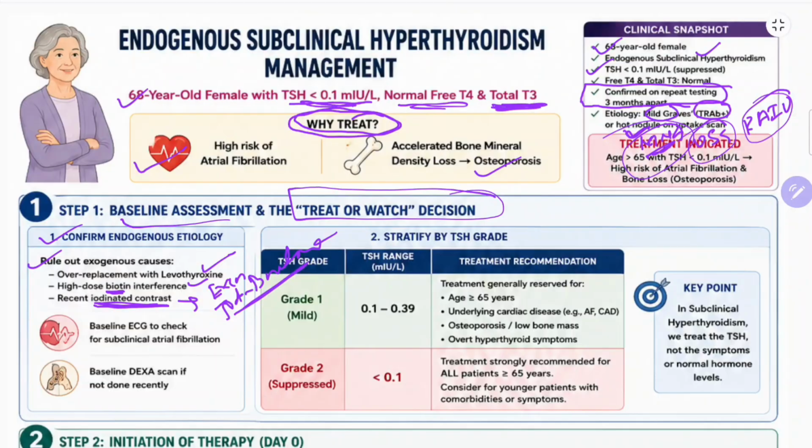So these things we should know: whether the patient is taking levothyroxine excessively, or taking it for weight loss, as some females do; secondly, whether she is using biotin; and thirdly, whether iodinated contrast was used. Now get a baseline ECG and baseline DEXA scan. This is for osteoporosis and this is for AF.